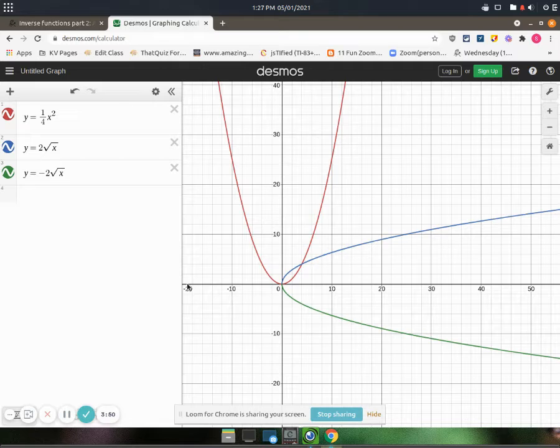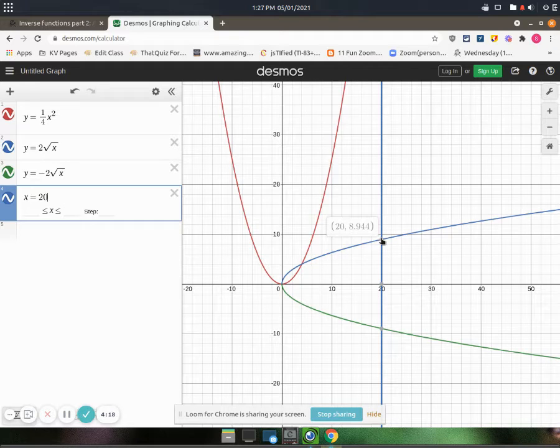The problem with this graph that we just found is that it is not a function. This is something from back from Algebra 1. If you want to tell whether or not a graph represents a function, you start drawing vertical lines. You do the vertical line test. And if the vertical line can cross it in more than one spot, then the thing you're dealing with is not a function.